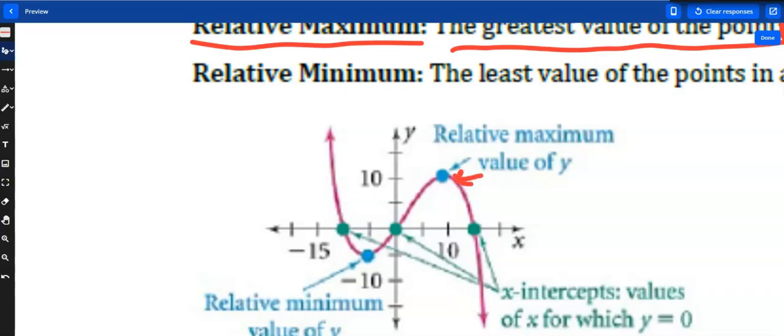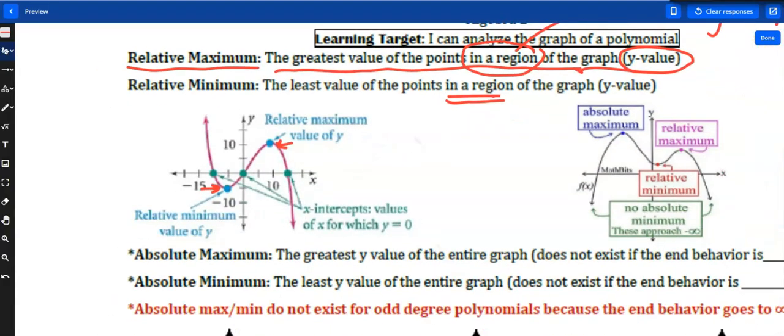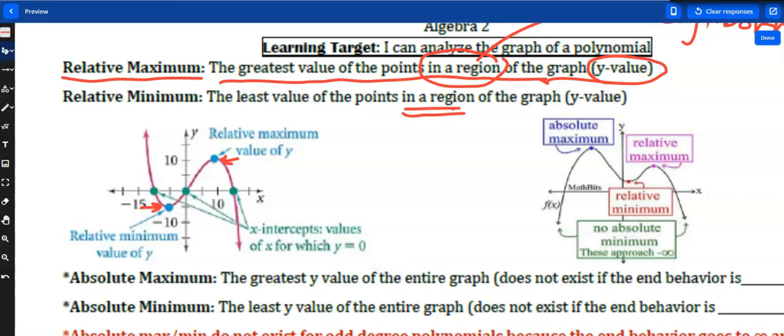Now this graph also has what's called a relative min, which is a smallest value, but it's only in a small section of the graph. The reason I say that is because there's other terms like absolute max and absolute min. And according to this graph, it doesn't have either an absolute max or an absolute min because it keeps going higher and higher and lower and lower.